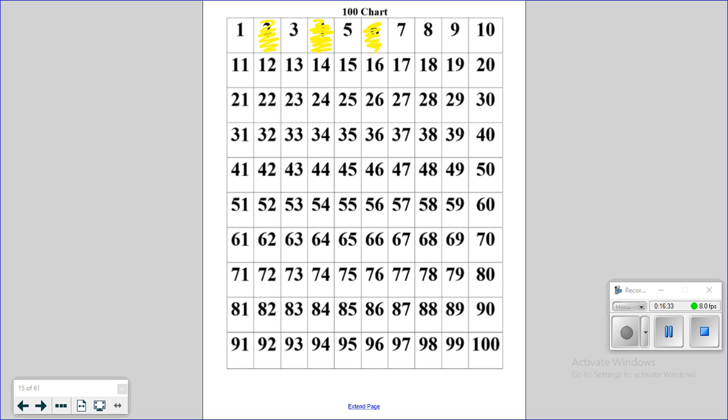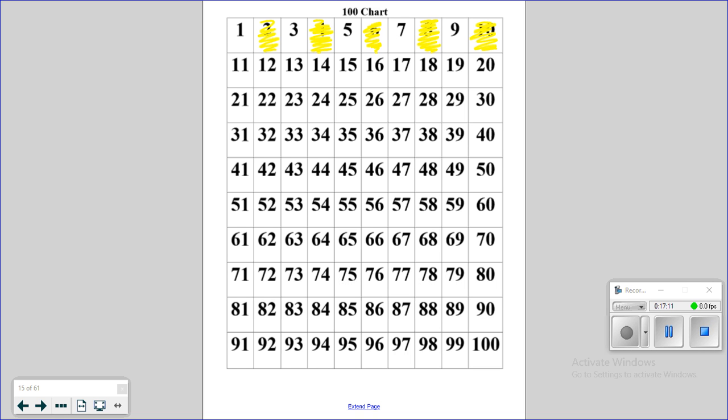2 groups of 4. Will? 8. 2 groups of 5. Michael? 10. Good. Color in 10. I'm going to pause just a second. Make sure you've got the right ones colored in. All right, what about 2 groups of 6? 12.